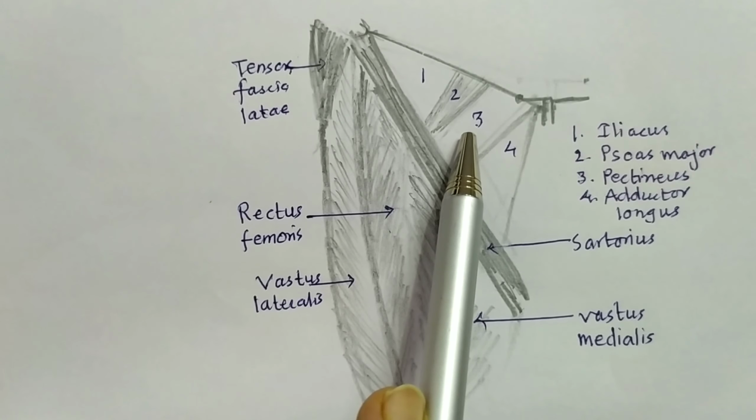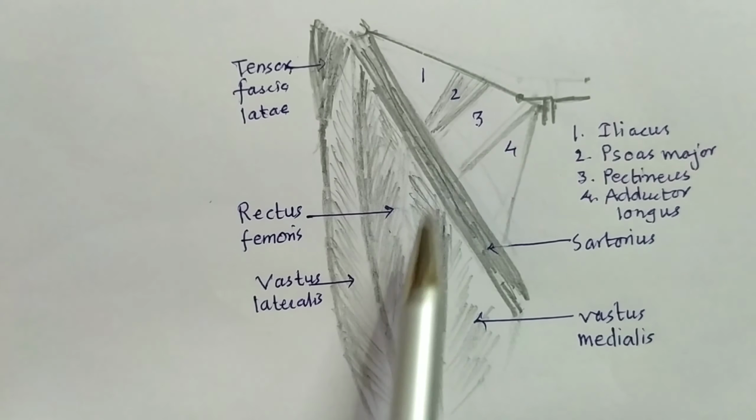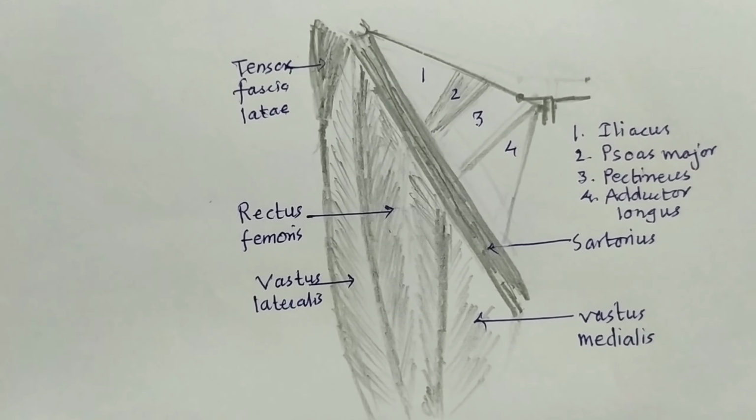The pectineus muscle is the only muscle which has triple nerve supply. Means it is supplied by three nerves, that is the trunk of femoral nerve, anterior division of obturator nerve and accessory obturator nerve if present.